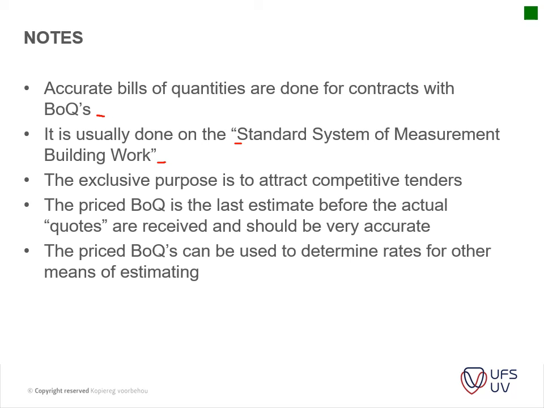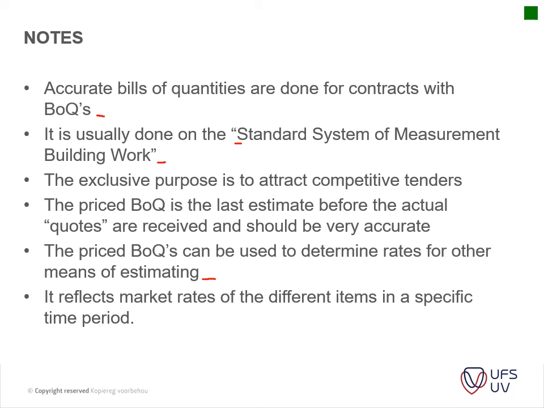So for instance, for your elemental estimate, whenever you've got your bills of quantities with rates priced in them, you've got a lot of nice information that you can use on your elemental estimate again. It reflects market rates of different items in a specific period. Okay, very important.